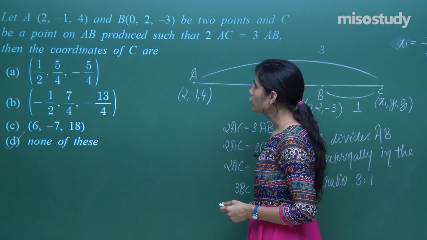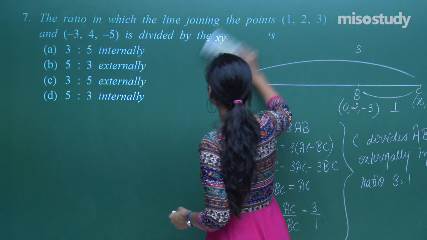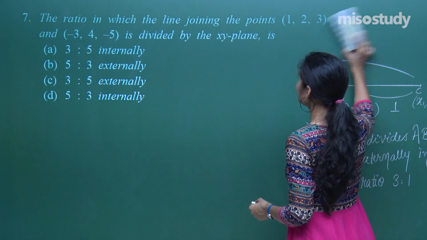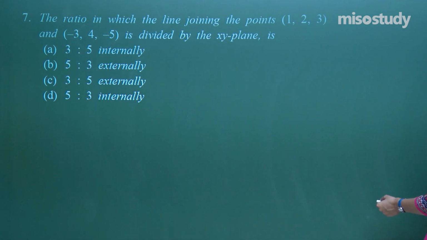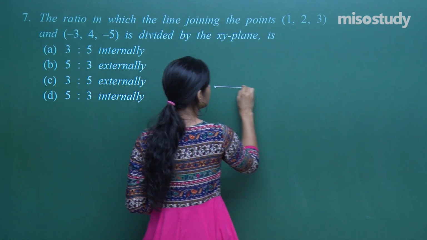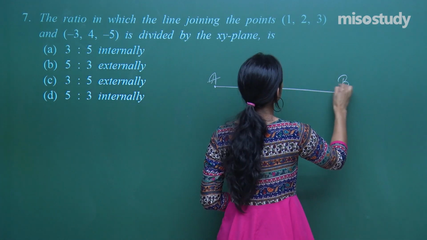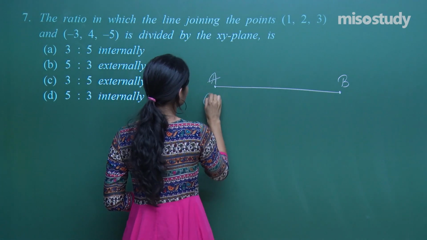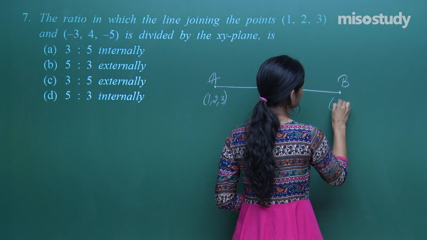Now moving ahead, we have the next question: the ratio in which the line joining these 2 points is divided by the xy plane. Okay, so let's see. 2 points are given. There is this point A and there is this point B, 1, 2, 3, and then we have minus 3, 4, minus 5.